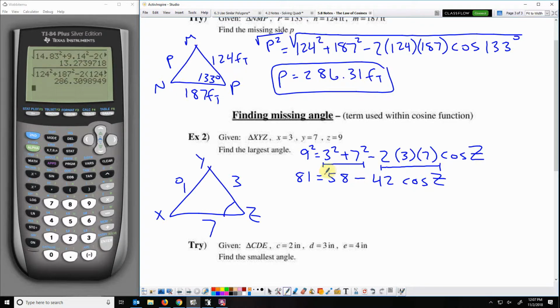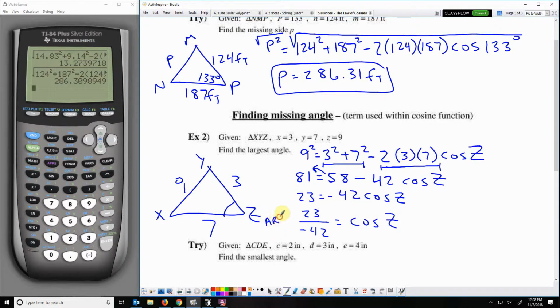Okay, so now let's subtract that 58. So 81 minus 58, and that is 23. And then I've got negative 42 cosine Z. Now I can divide by negative 42, so 23 over negative 42 equals cosine Z. And for my last step to get Z by itself, I can get rid of this cosine by doing its inverse on the opposite side.